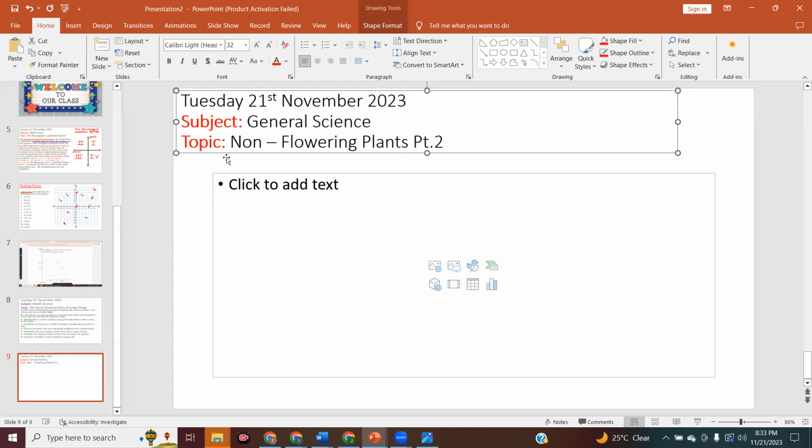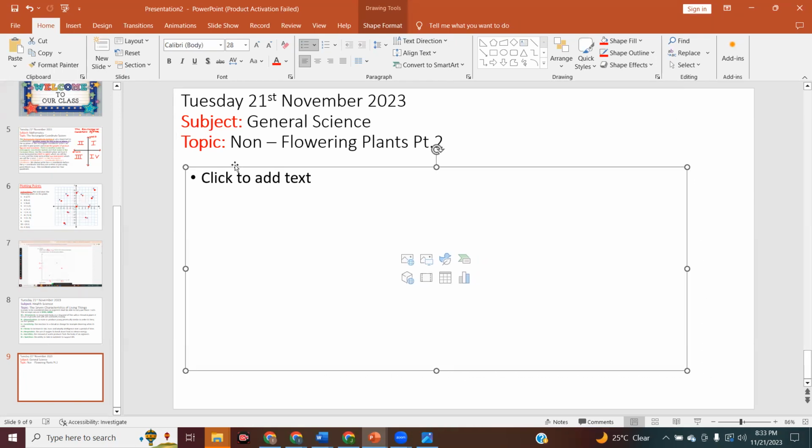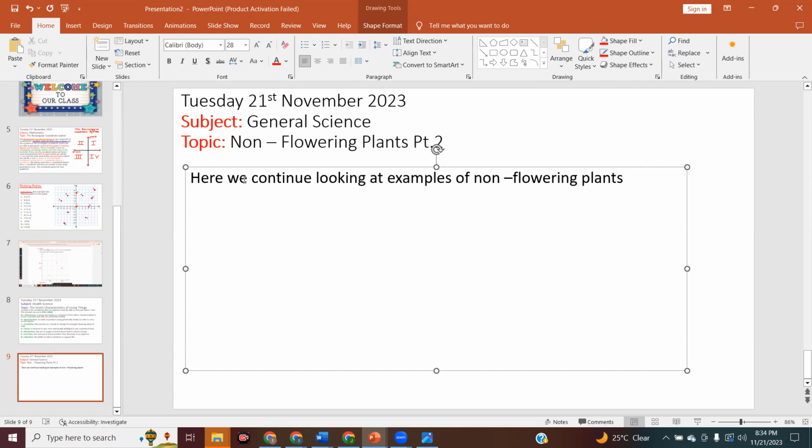So we're going to be looking at some other non-flowering plants, plants that do not have true flowers. Let's look at liverworts.